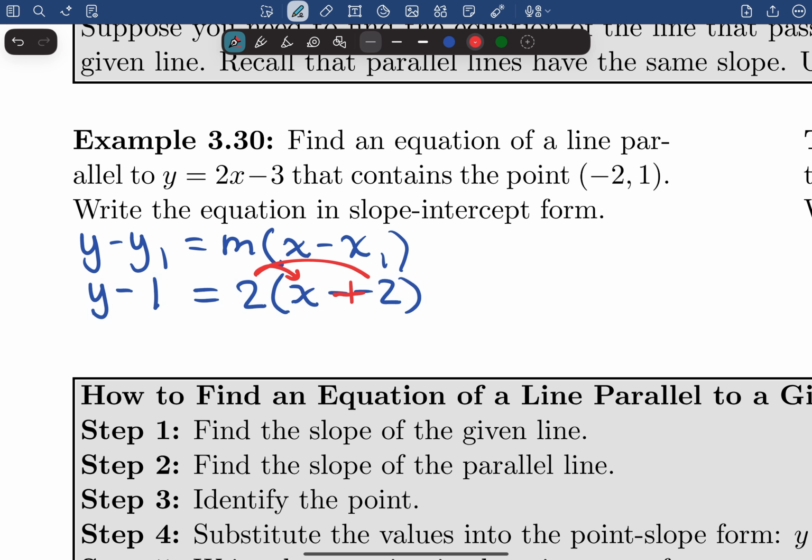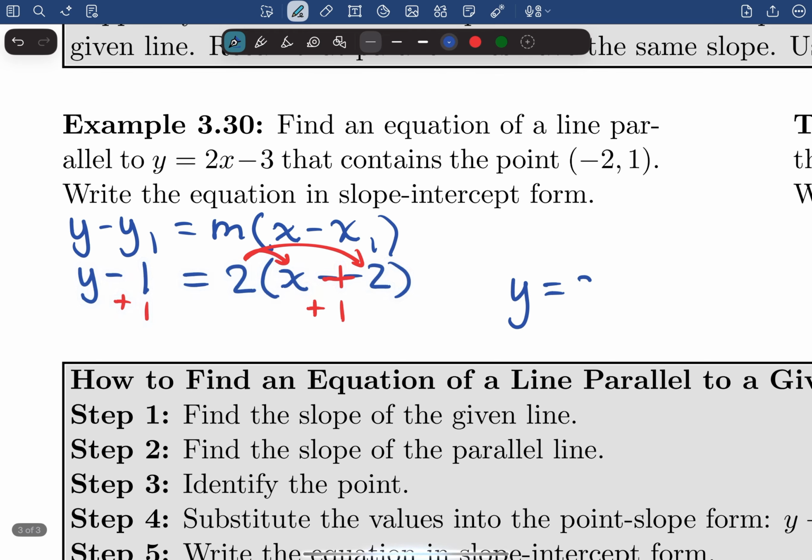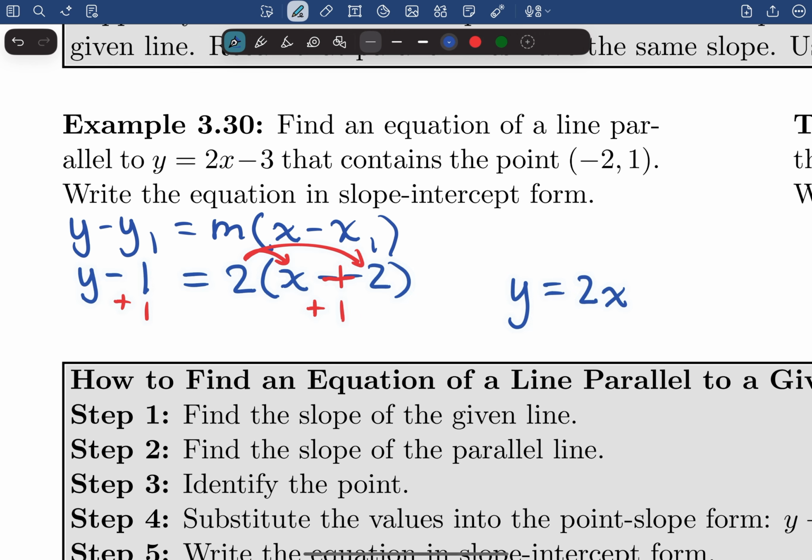I'm distributing 2 into both of these, and I'm adding 1 from left to right. Now I end up with y all by itself equals 2x, right? So 2 is distributed to x, 2x. And then plus 4. 2 times positive 2 gives me a plus 4.